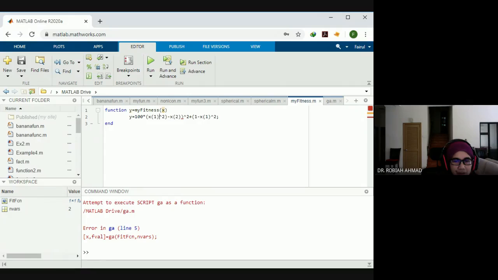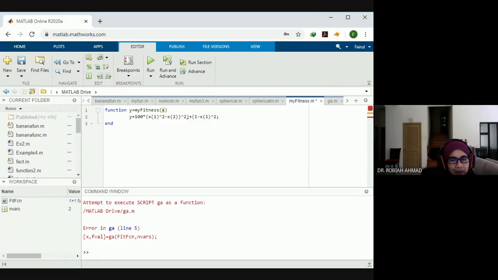Okay, and then x2. So this one closes the square, plus x1 minus x1. And then this one also we need another parenthesis there. Right, 1 minus x1 square. This one, not that one.